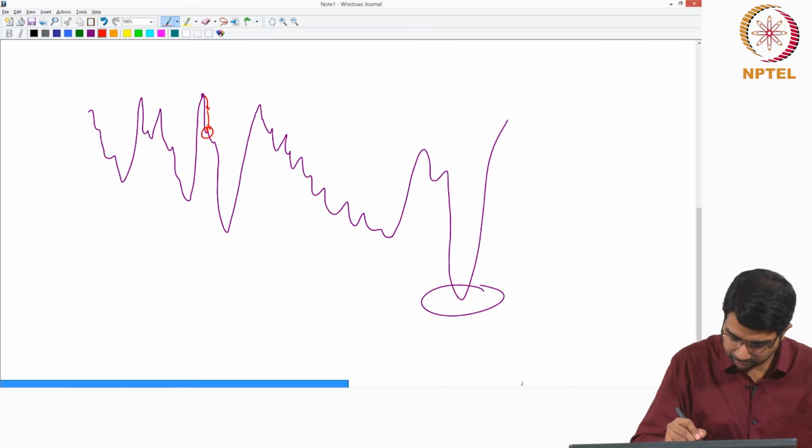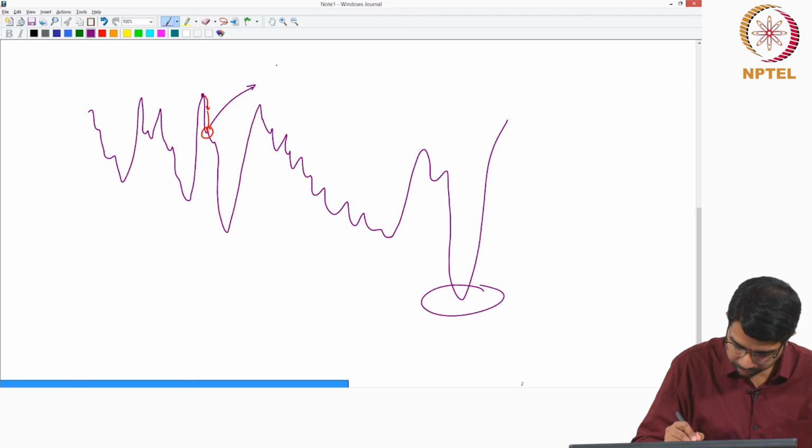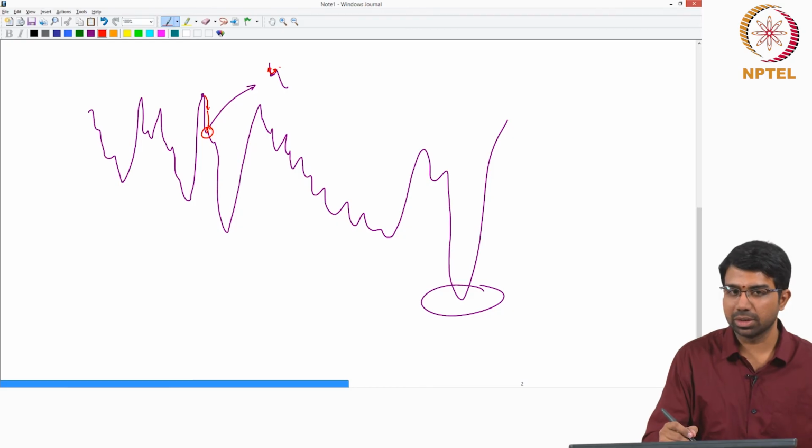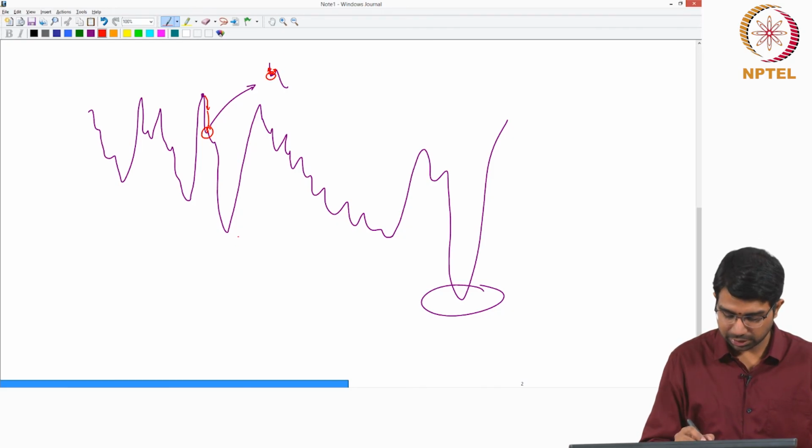Even here, if I were to zoom in, if you are at this point, you move in this direction, cost value increases. You move in this direction, cost value increases. So this is a local minimum and you are very likely to get stuck here, or you could come and get stuck here.